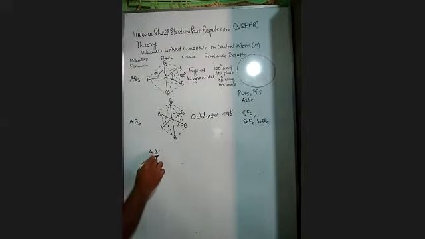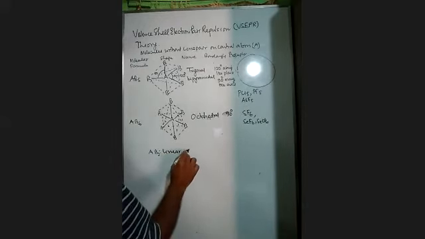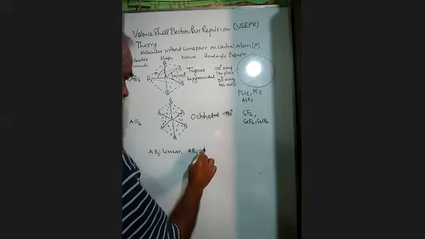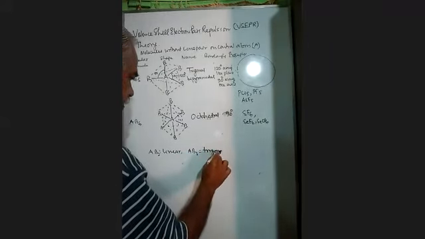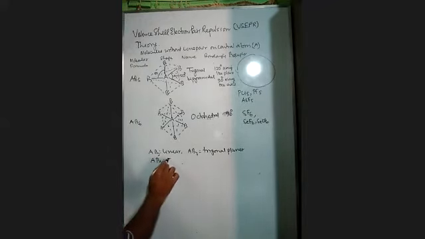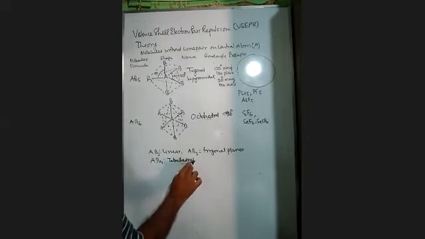Again, let me tell you. Summary. AB2: linear. AB3: trigonal planar. AB4: tetrahedral.